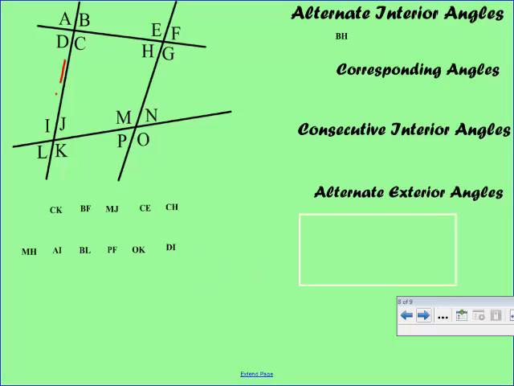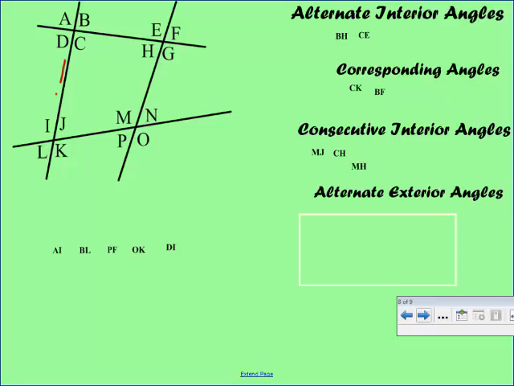All right, so let's take a look. CK, those are corresponding angles, same spot, different line. BF are also corresponding angles. MJ is consecutive interior angles. CE gives us alternate interior angles. CH is consecutive interior.